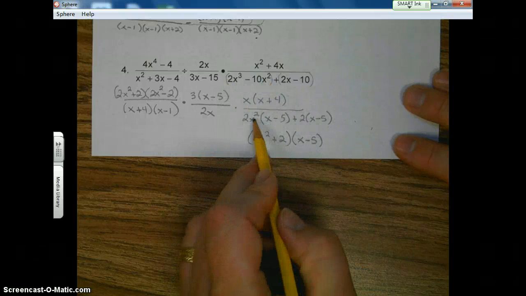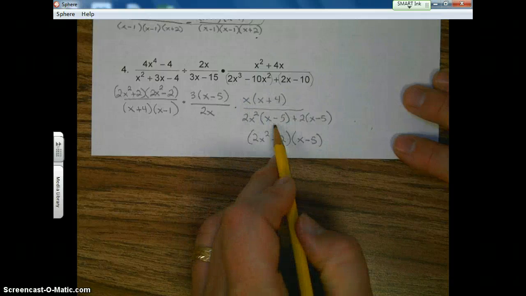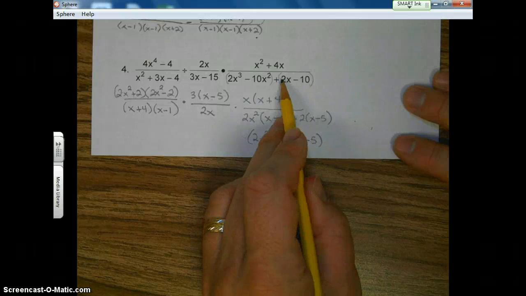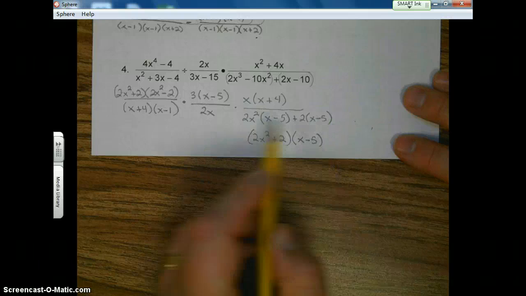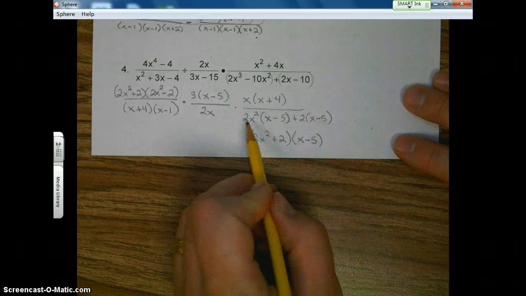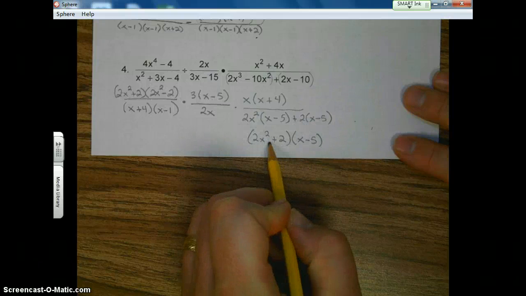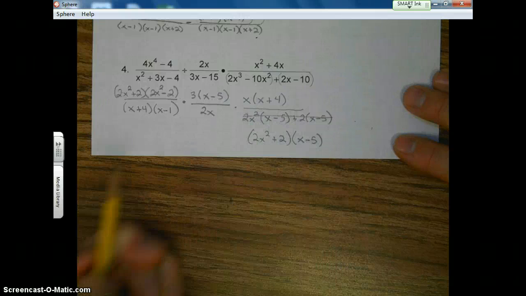So I got 2x², which left me x - 5. Okay, plus, and I factored a 2 out of both terms, which left me an x + 5. And then I regrouped these so that the 2x² goes with the 2, and then the x - 5 goes here. So I don't need that anymore.